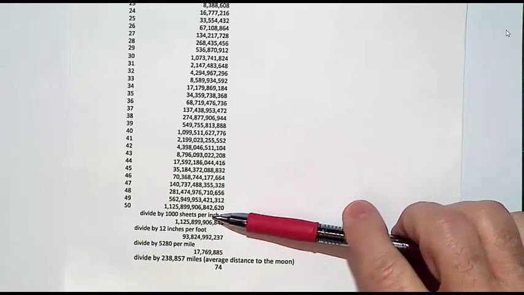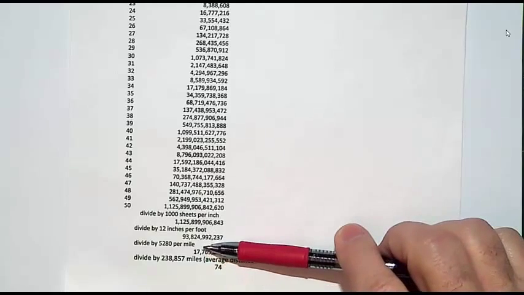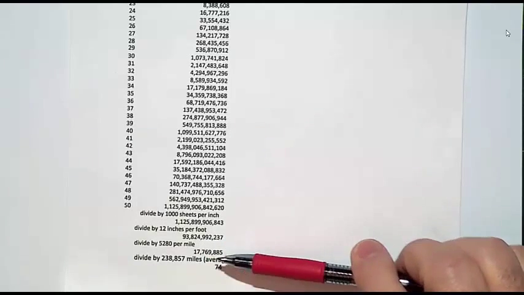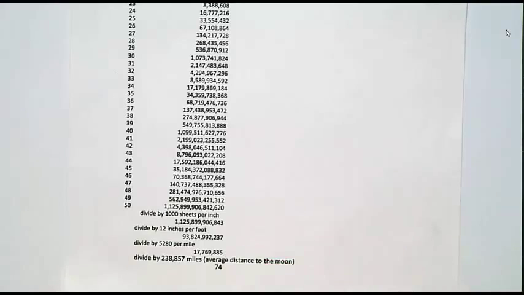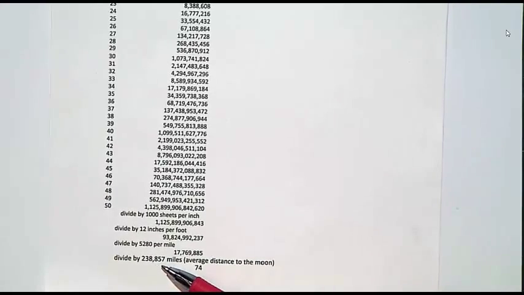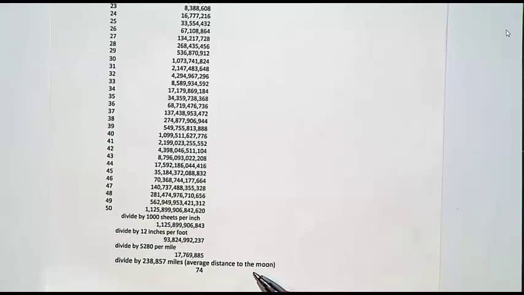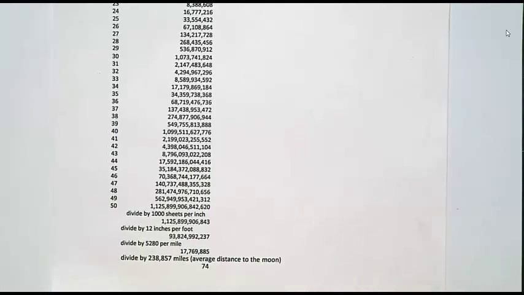So we divide by 1,000 sheets, divide by 12 inches per foot, divide by 5,280, and we get our 17 million miles. Now, I thought it would be just a little bit of fun to divide by 238,857, which is the average distance from the Earth to the Moon, and we come up with 74 of those. So that is quite a tall stack.